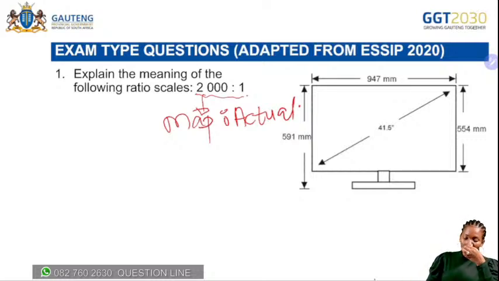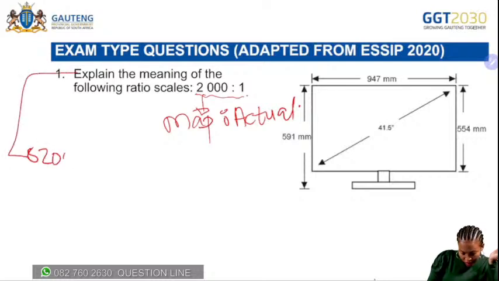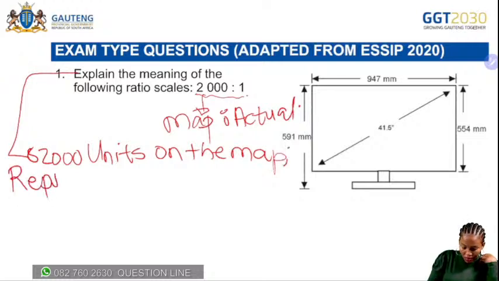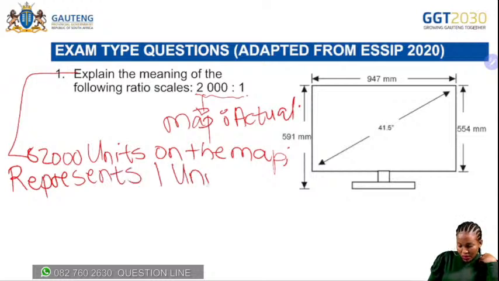So how do we now explain this? We explain this by saying that 2000 units on the map represents 1 unit in reality.